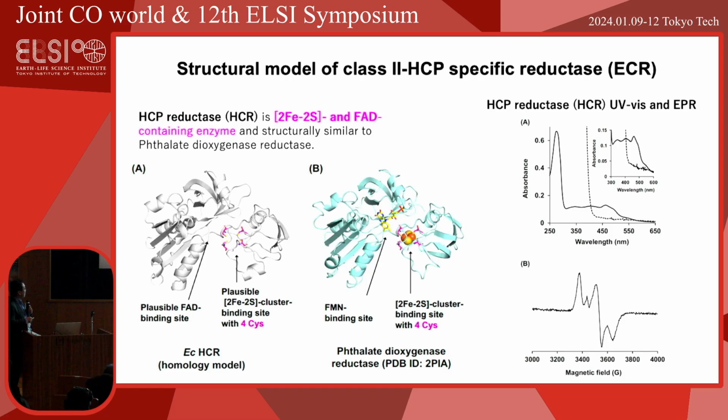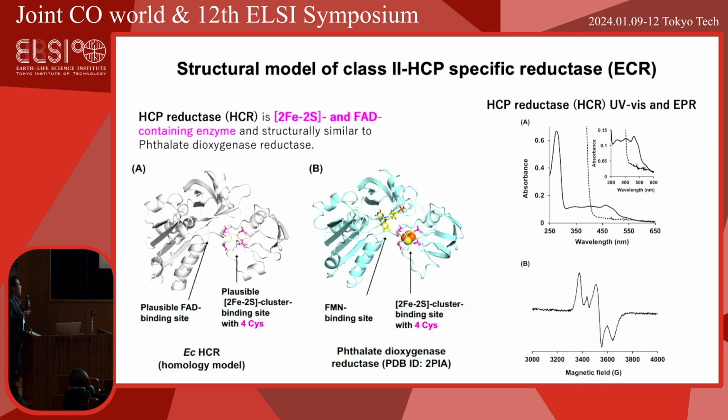Actually, this HCR utilizes FAD rather than FMN, which can be analyzed by mass spectrometry and EPR and so on. Here are the UV-vis and EPR spectra of HCR, and one interesting feature is this signal here. This signal may be difficult to interpret, but a sharp EPR signal is normally assigned to an organic radical rather than an inorganic radical.